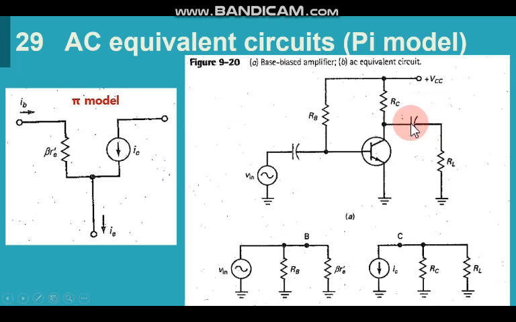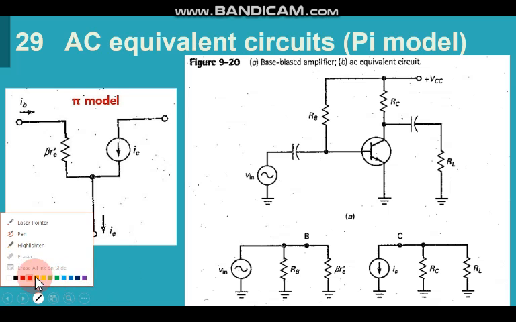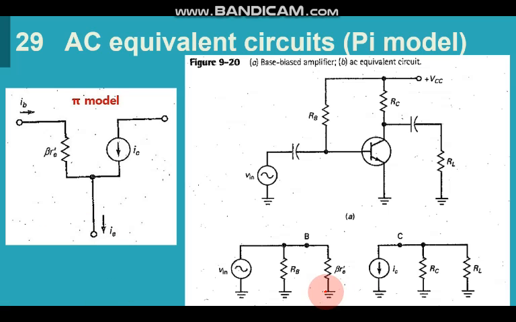Here this is shorted, so RL and ground, RC and ground. RC and ground, RL and ground are both in parallel. You will understand this better if I write it like this.